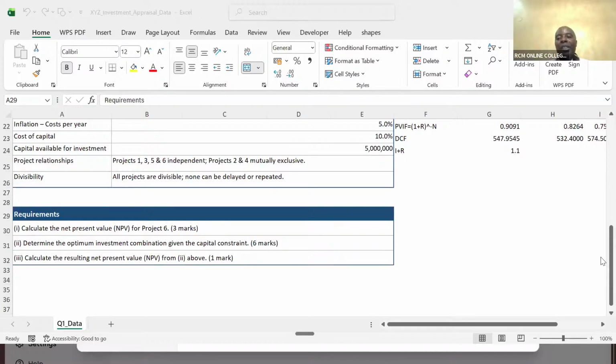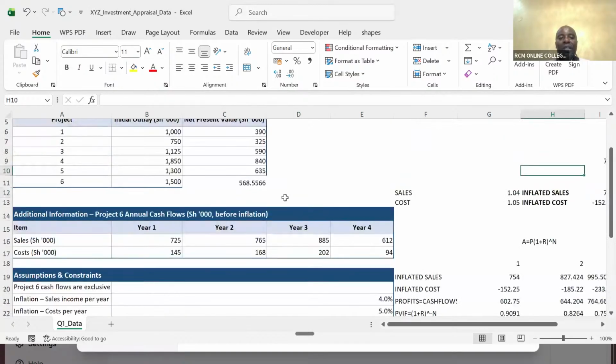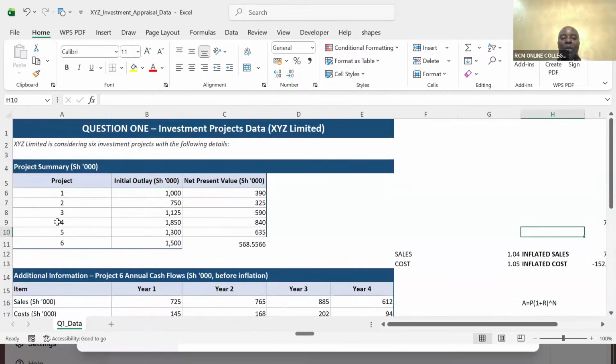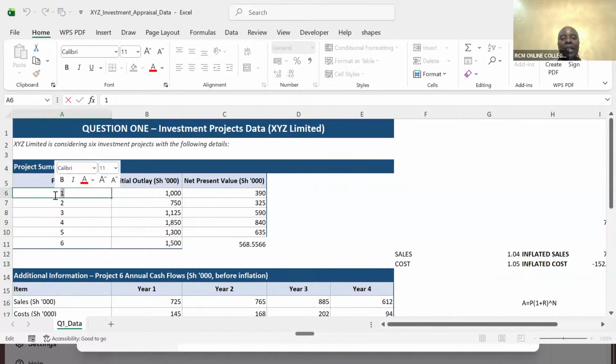So in this case, let's tackle number 2 by first of all giving these projects a profitability index. If I'm the one doing this question, ladies and gentlemen, this is what I will do. Because I know I'll be ranking these as 1, 2, 3 up to 6, first of all I'll introduce P for the projects.